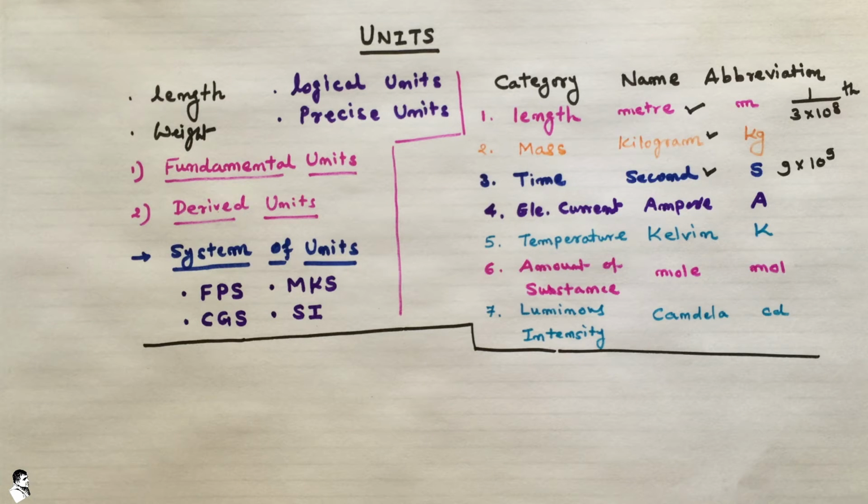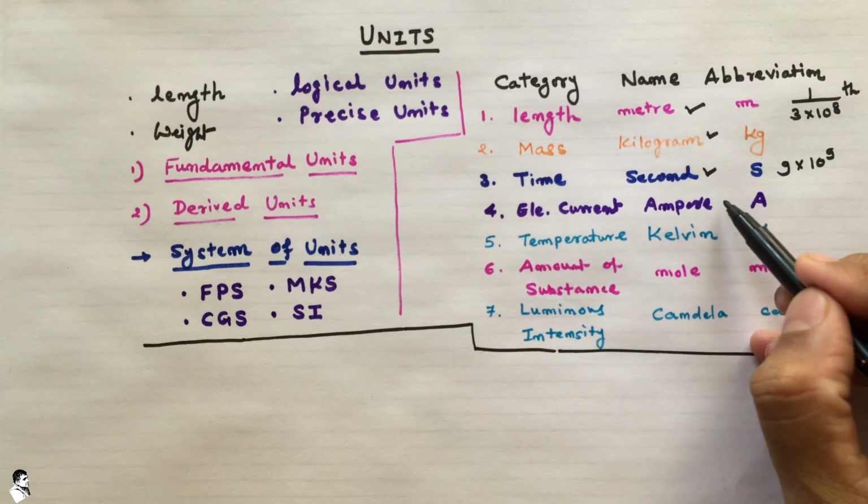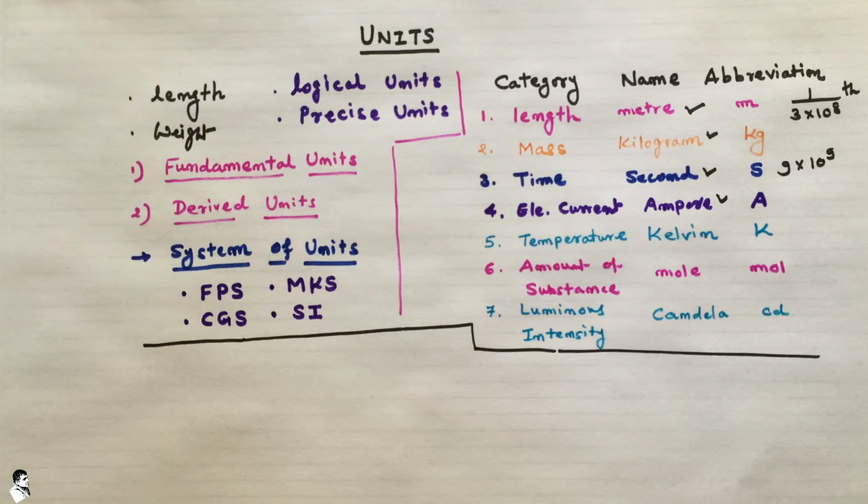Now the ampere is the basic unit of electrical current and is the current which produces a force between two parallel wires that are 1 meter apart, measured in a vacuum. Next is the Kelvin.